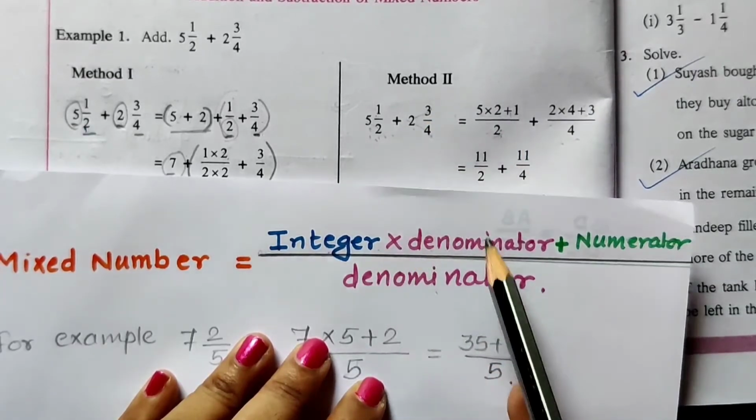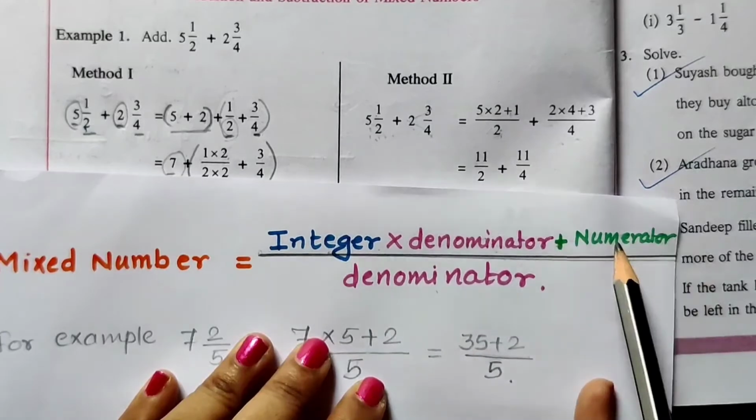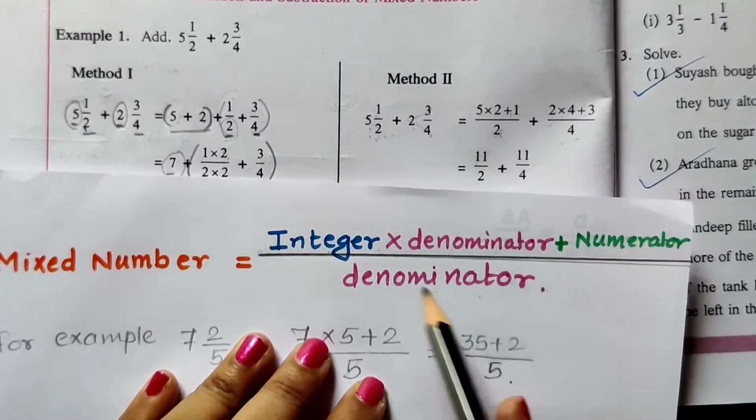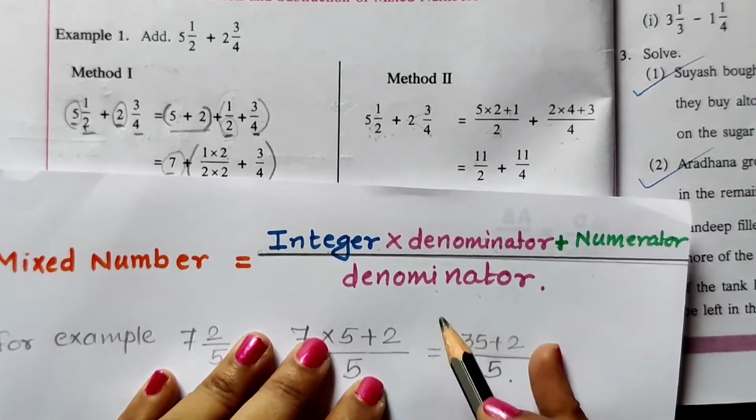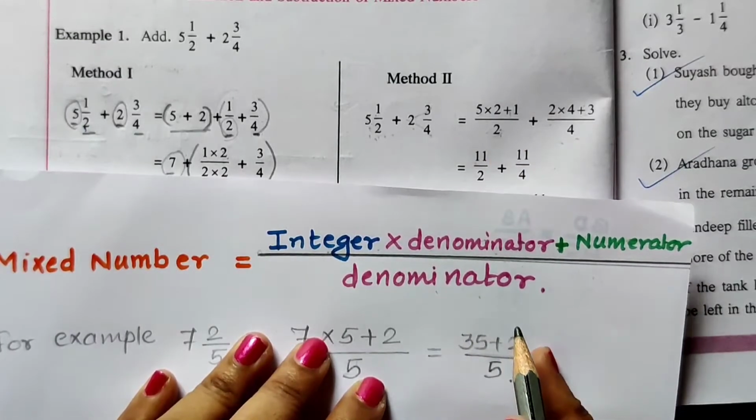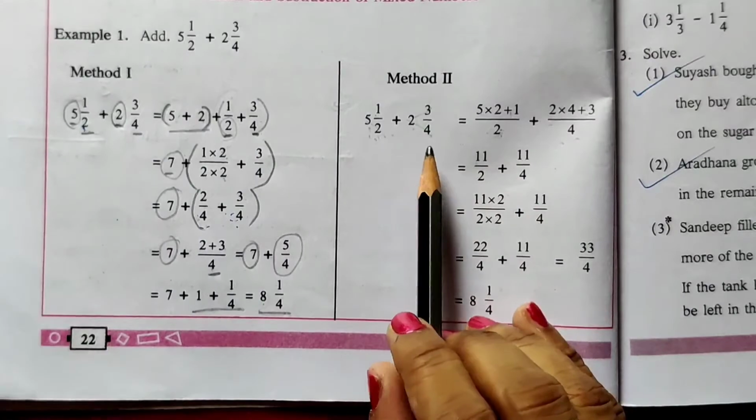That means integer multiplied by denominator plus numerator upon denominator. This formula, if you remember, it will be easy to understand and to solve the sum. So let us see how it is solved.